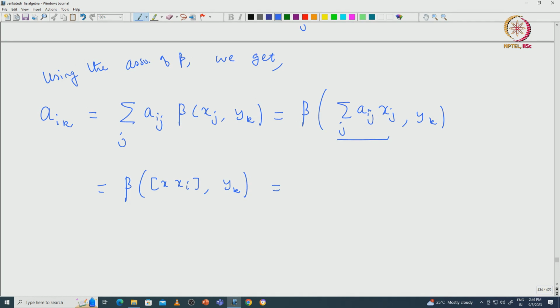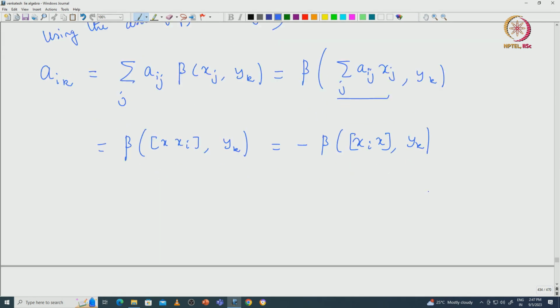So, now this can be rewritten as follows. Using this skew symmetric property of the Lie product, we write this as minus beta of x I comma bracket x with y k.